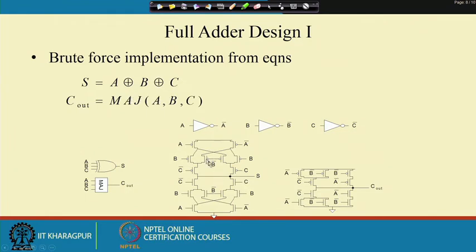How many transistors do I require? 1, 2, 3, 4, 5, 6, 7, 8, 9, 10, 11, 12, 13, 14, 15, 16 transistors for implementing the sum, and for C out I need 10 transistors. So, a total of 16 plus 10, which equals 26 transistors, is required to implement this particular full adder design.